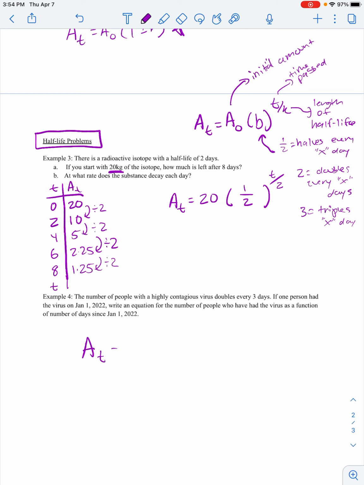So we have A of T. Let's just write out our formula first. Our initial amount of people who have the virus is only 1, so we put a 1 there. This is doubling. It's not halving anymore, it's doubling, so we put a 2 there. T is part of our function, how much time has passed. And then K, this happens every 3 days, so you're going to put a 3 there.